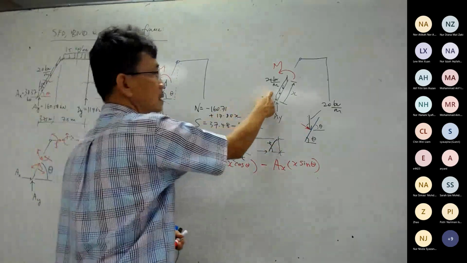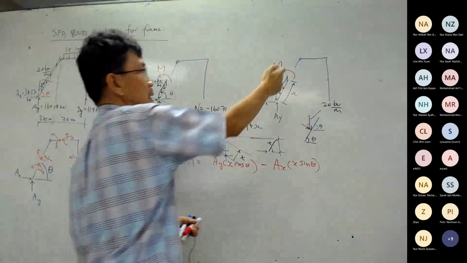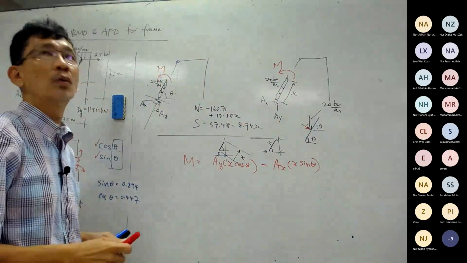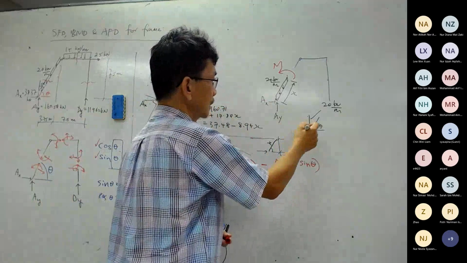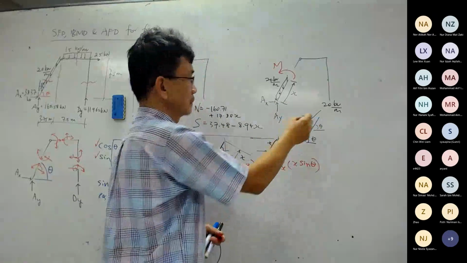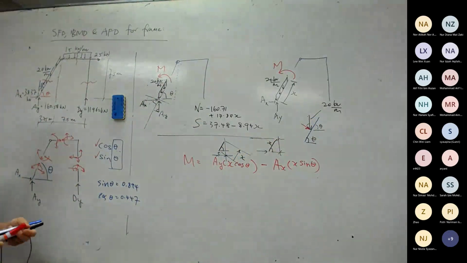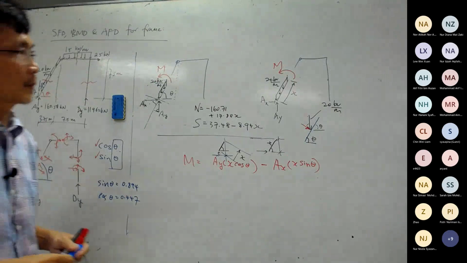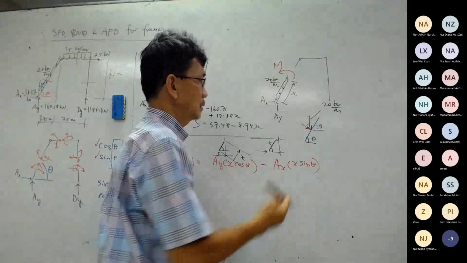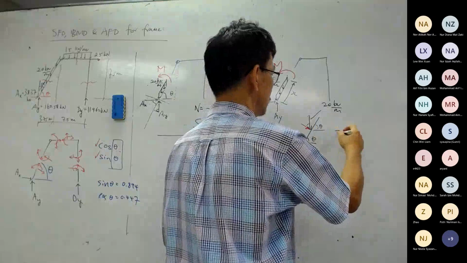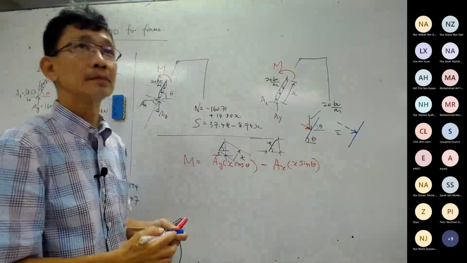Moment caused by this distributed load in vertical direction along this inclined member at this section M. There are two ways to do that. First, get the component of this. Get this component, and then make it the equivalent load of that component.